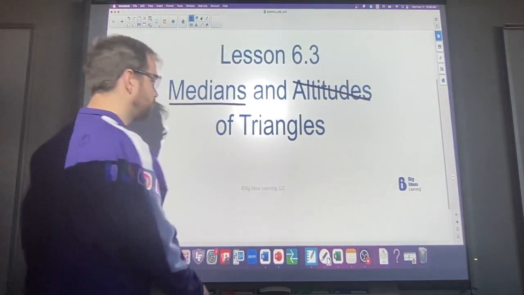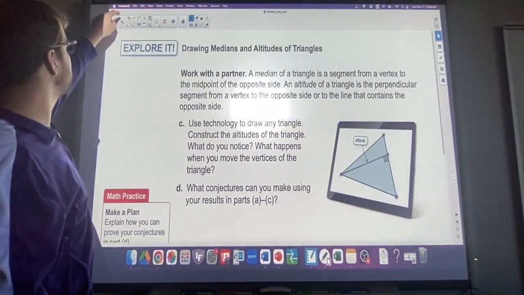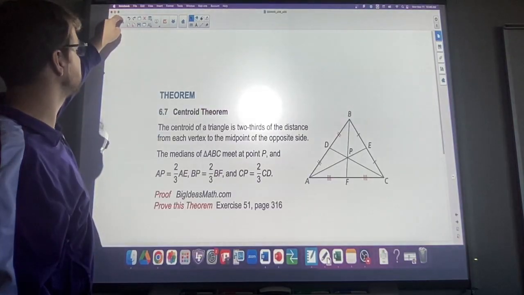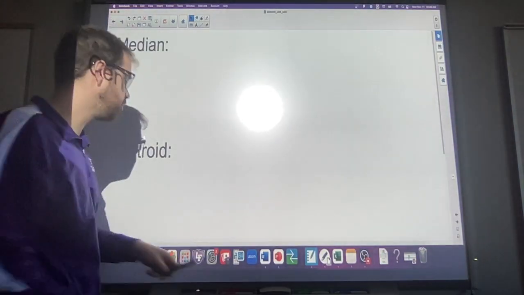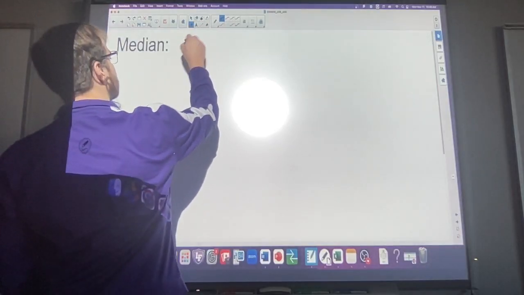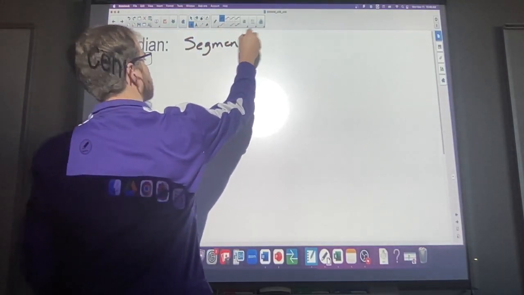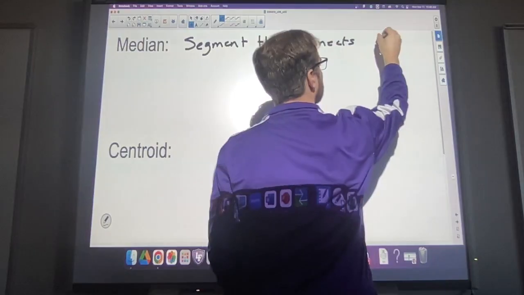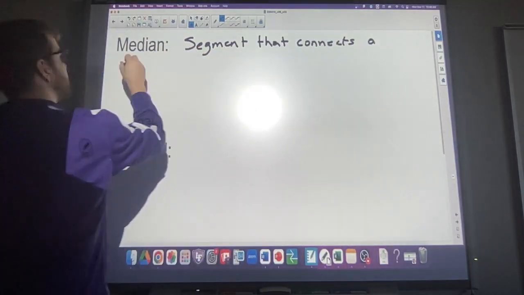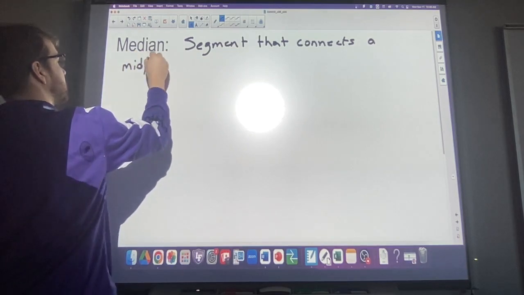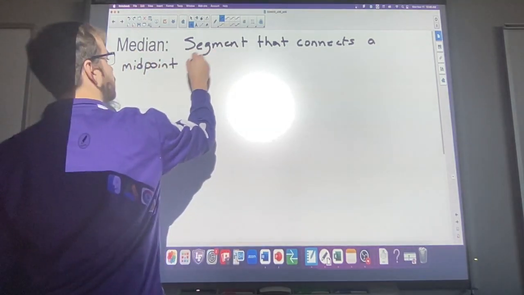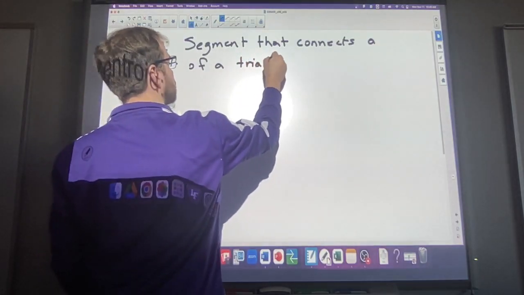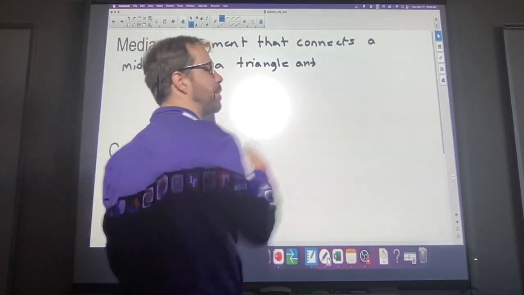All right, so what is a median? A median of a triangle is a segment that connects a midpoint of a side of a triangle and the opposite vertex.